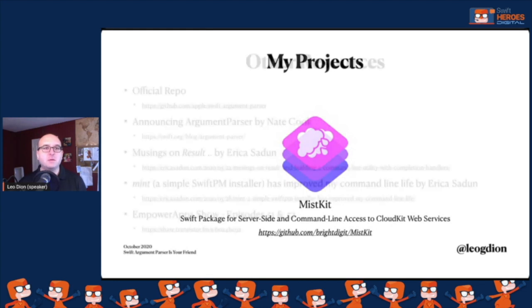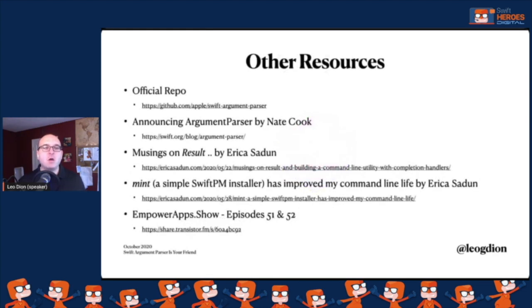If you want to read more about the Swift argument parser, take a look at the official repo located on GitHub, as well as the announcement by Nate Cook, the lead developer on Swift argument parser, who helped me a little bit with this presentation today, which really gives you the rundown of how to use it and why to use it and why it's great.